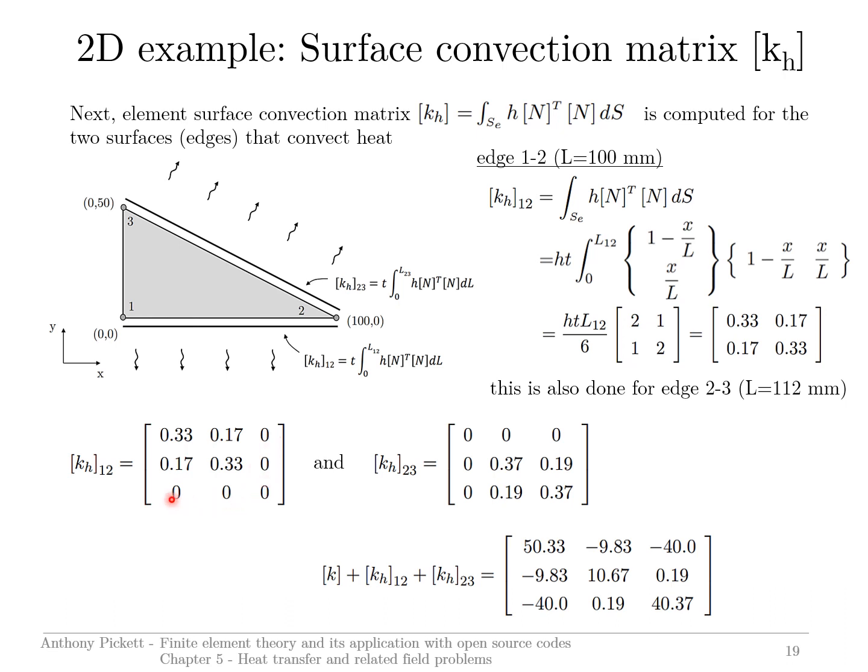So for example, for the 1, 2 face, 3 is not represented, so we just introduce zeros here. For the 2, 3 face, 1 is not represented, so we add zeros here. And then these two can be added together and can also be added to the conductivity matrix we had on the previous slide, giving us this matrix here.